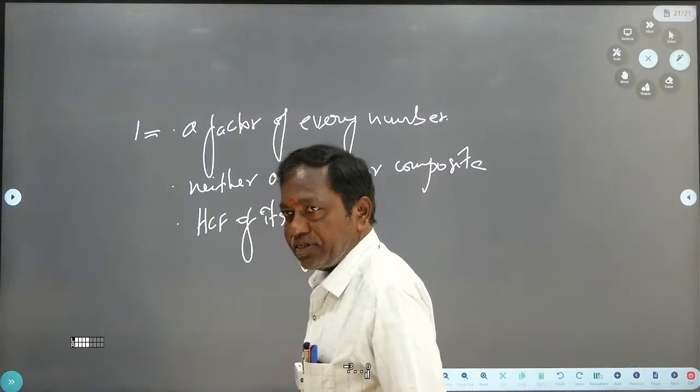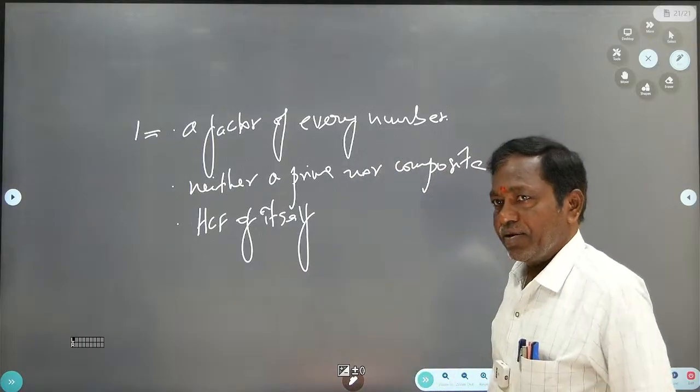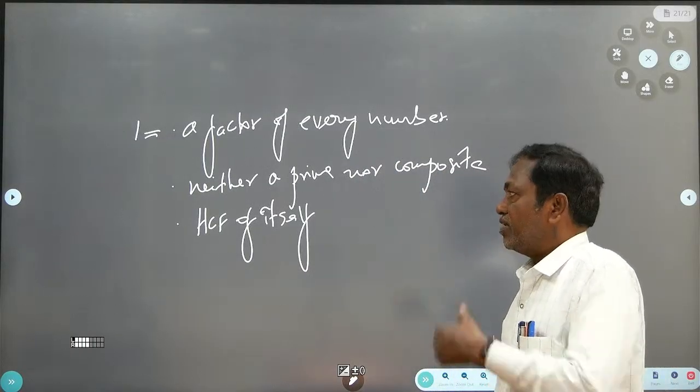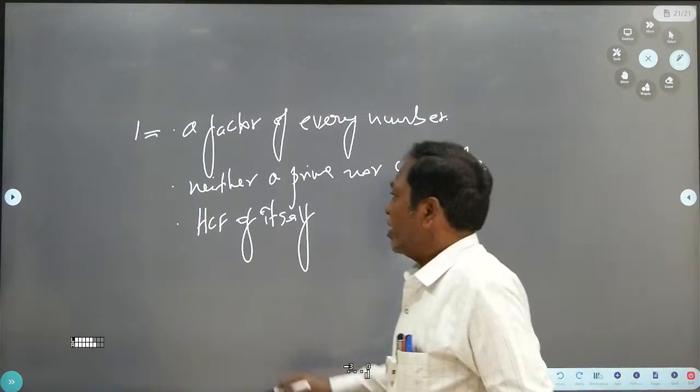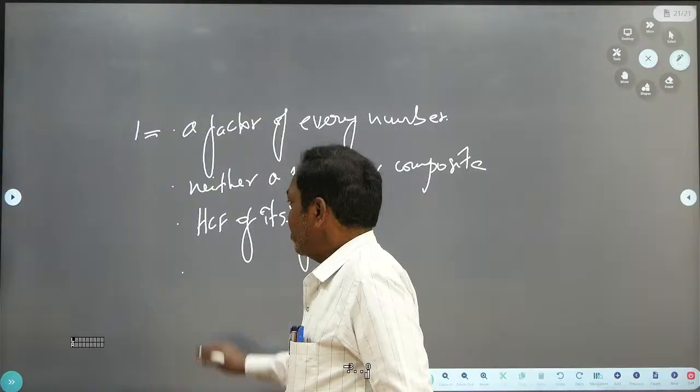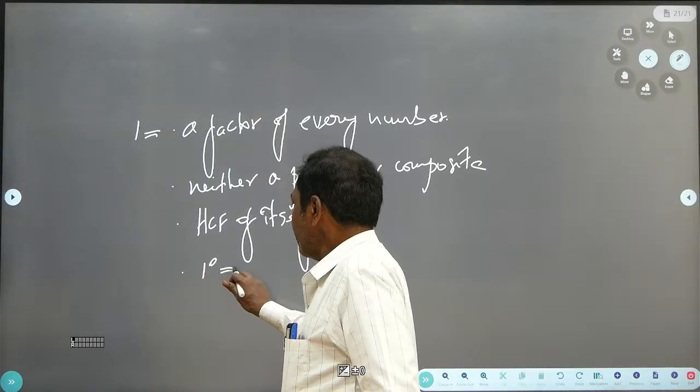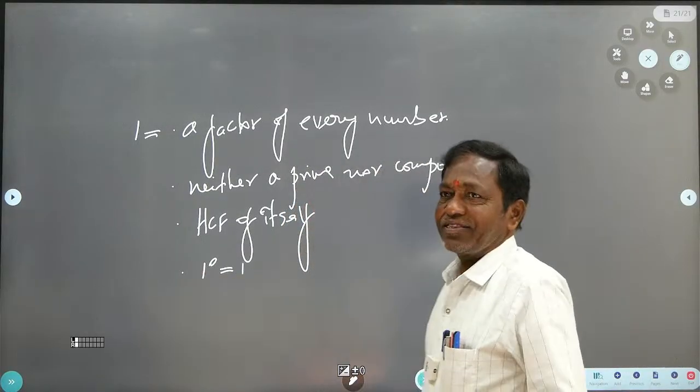It is a common factor of itself, and itself is the highest common factor. Next, 1 to the power of 0 is 1.